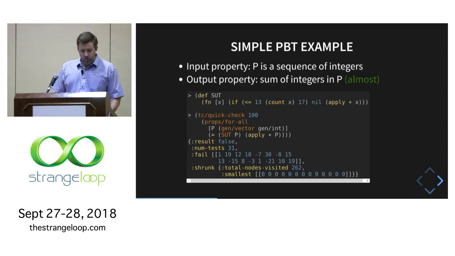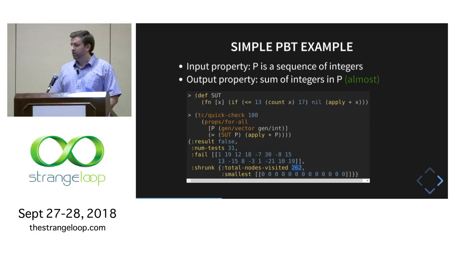But if we increase our number of iterations to 100, we'll see that on the 31st iteration, the output property was violated, and we found a failing test case. And this is the sequence of integers, basically the value of the test case that caused the failure.